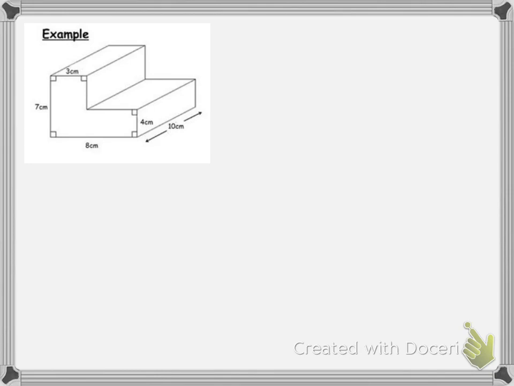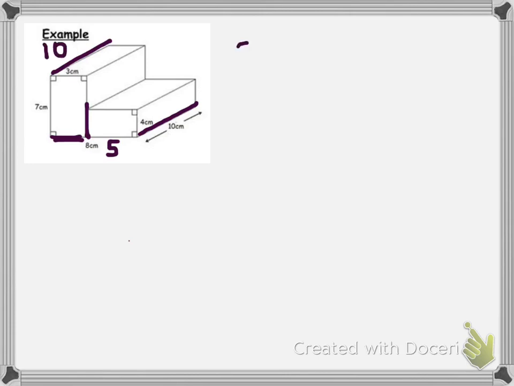All right, let's try one more example. Like I said, you can do top or you can do bottom. Since I did a top and a bottom last time, we'll cut them like this this time. So I already know this distance is 3. If the total distance is 8, that means this part is 5. And the distance all the way back is 10, which means the distance all the way back here is also going to be 10. So I'm going to do the shape on the left.